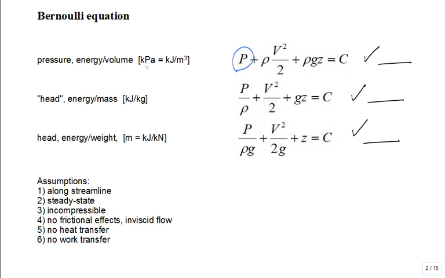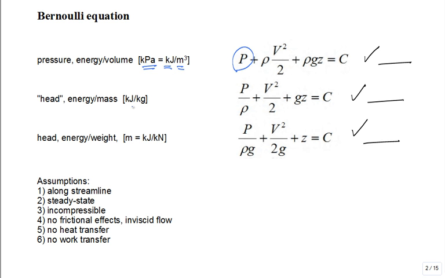Pressure is kilopascal, but it can also be viewed as kilojoules, some amount of energy per cubic meter, energy per unit volume. Pressure has the same units when you're thinking about the Bernoulli equation, and it's a conservation of mechanical energy, and the energy in each of those terms can be described as energy per unit volume.